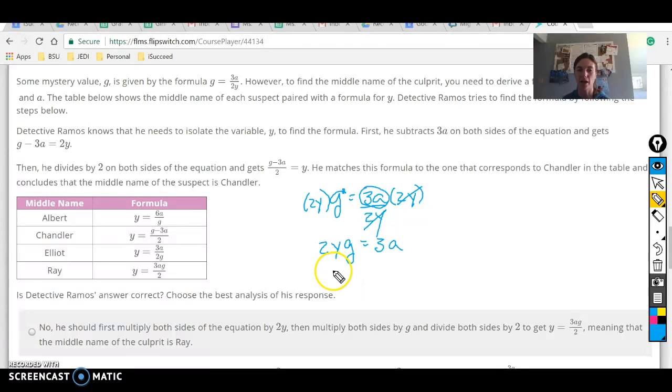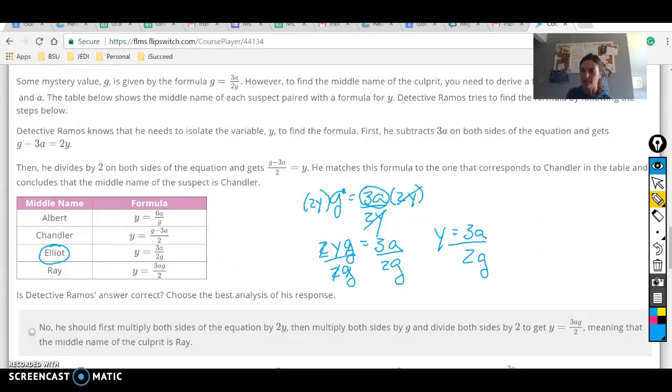Now, if I need to get y all by itself, I'm multiplying by 2 and g, so I can simply divide by 2 and g, and these will cancel out. And I have y equals 3a over 2g. So I know that the suspect's name is Terry Elliott.